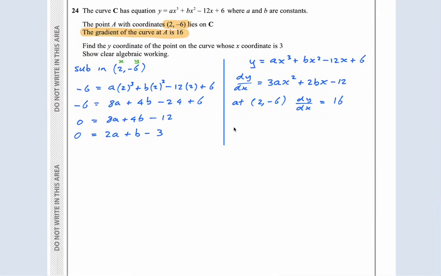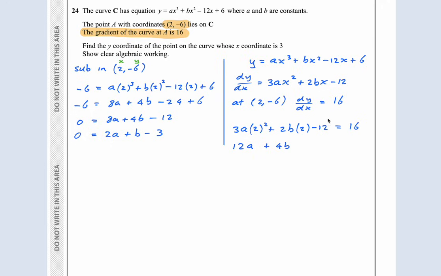So I'm going to say 3a times 2 squared plus 2b times 2 minus 12 equals 16. 2 squared is 4. 4 times 3 is 12. 12a plus 4b.